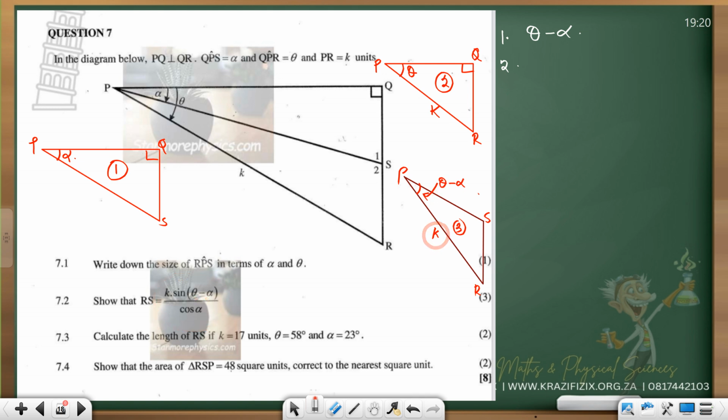RS is here. But hold on, why are they bringing in cos alpha? Am I missing an angle? 3 marks. Okay, let's see. Is there another RS somewhere? So RS is only here, right? Yes.